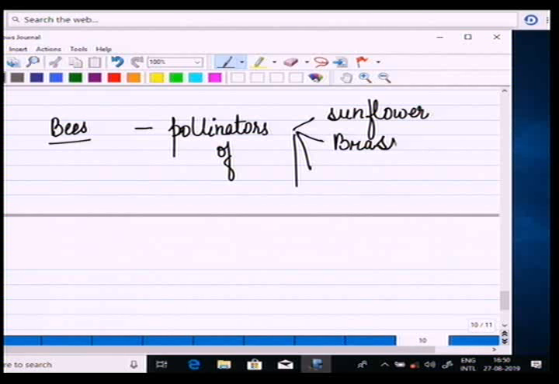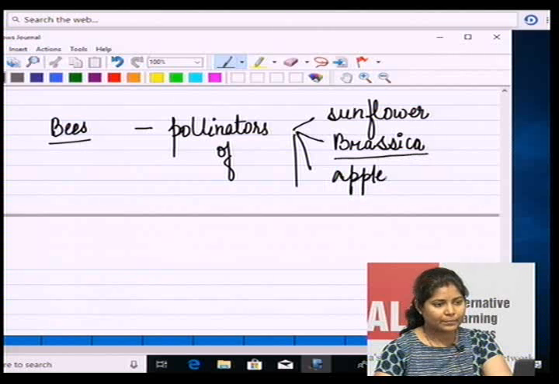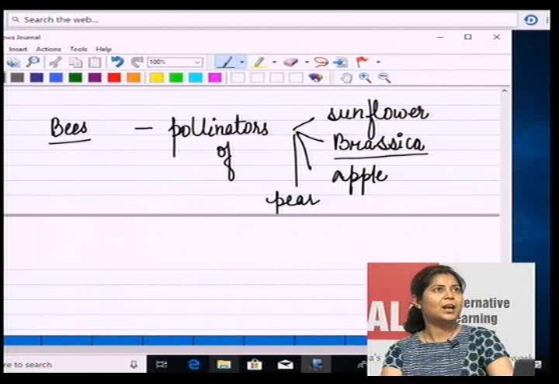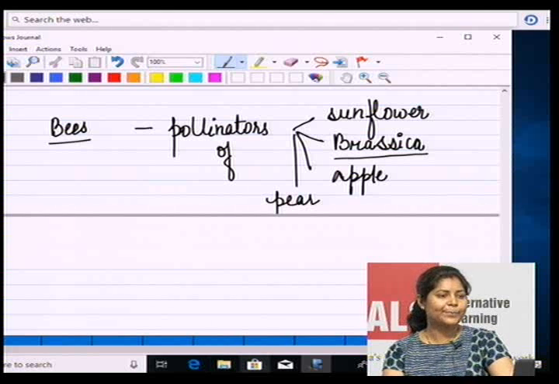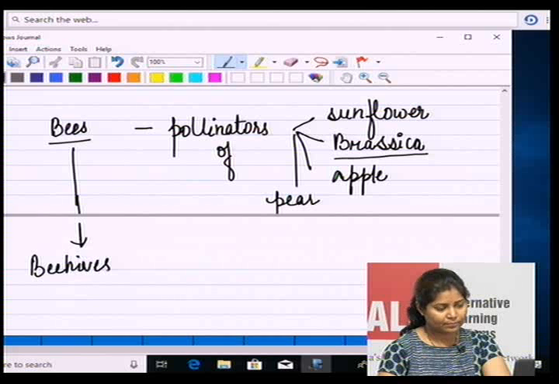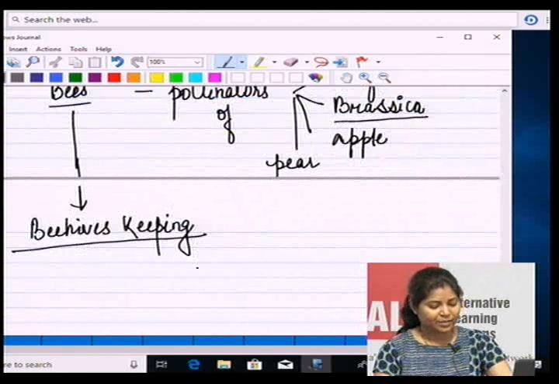What is brassica? Brassica is mustard, apple and pear. So these are the typical plants which are pollinated by bees. Fine. One more thing about beekeeping.